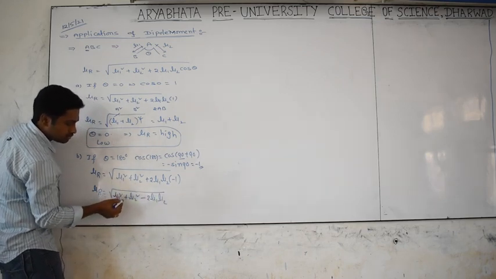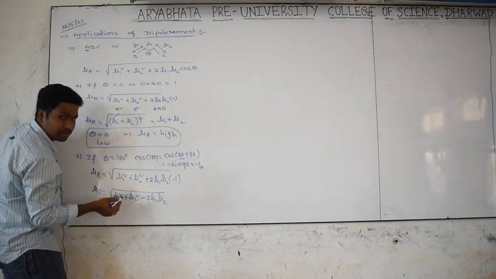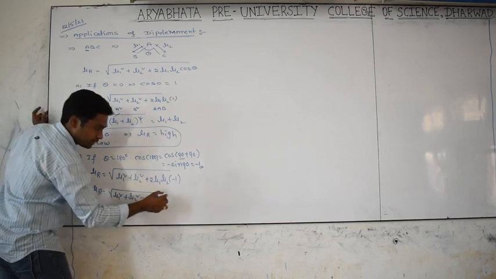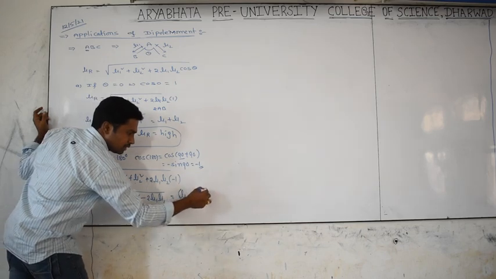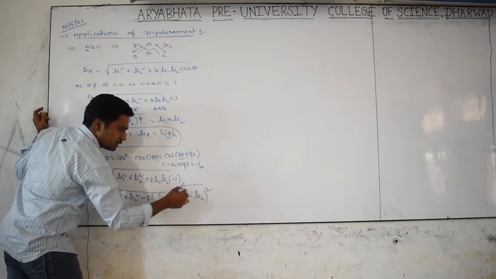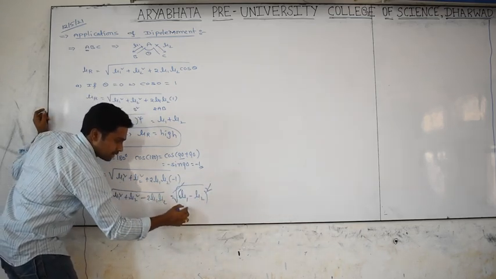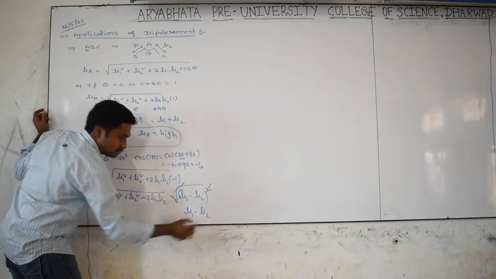It is similar to a square plus b square minus 2ab, which can be written as (a minus b) whole square. So the square root of (mu1 minus mu2) whole square cancels together. Finally we get mu1 minus mu2.